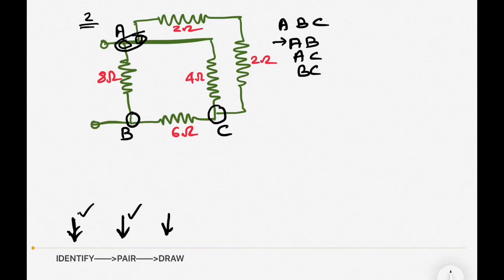As I told in the previous example, we have to figure out between which 2 points we have to find the equivalent resistance. So here we have to find the equivalent resistance between point A and point B. This is an open part and we can put maybe a battery here, right?